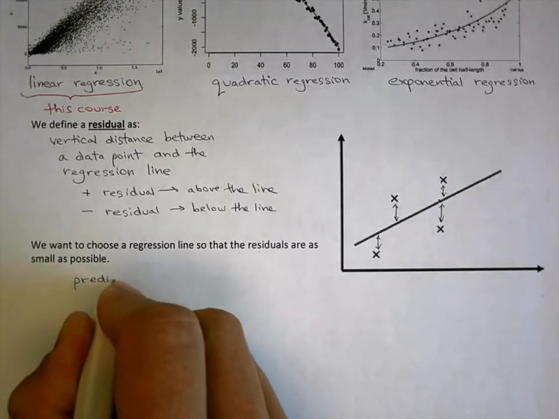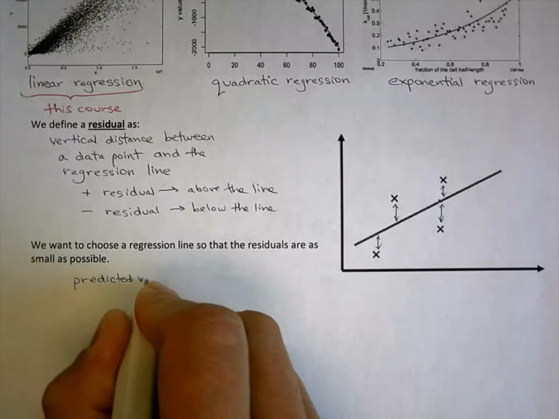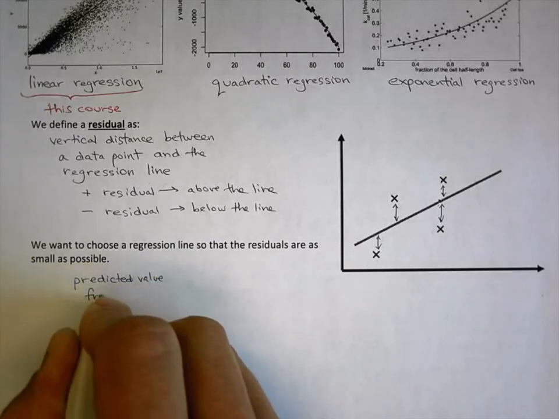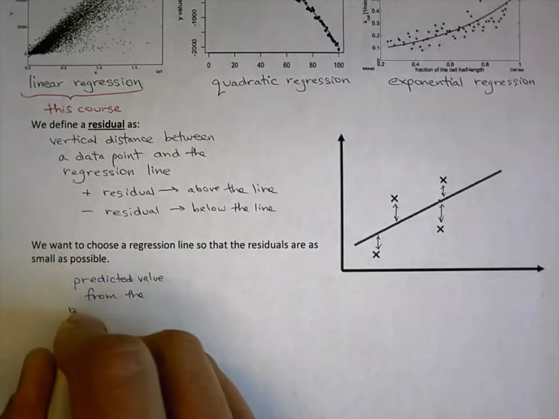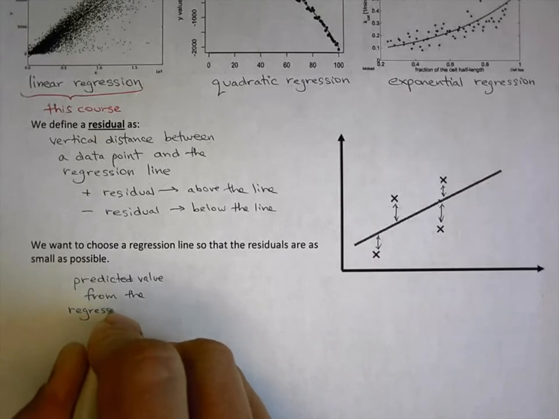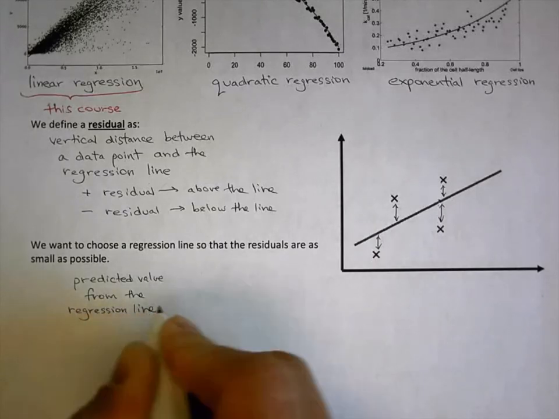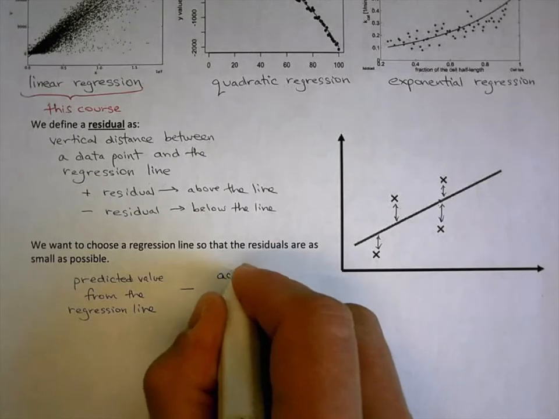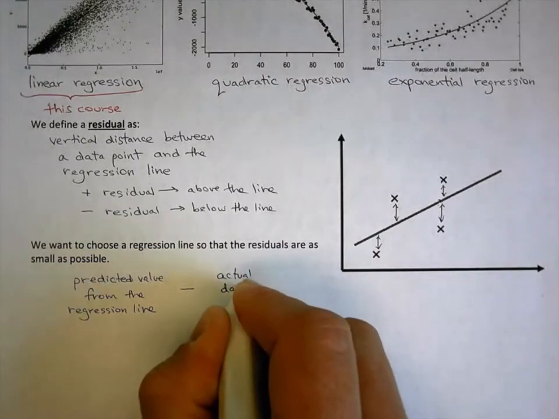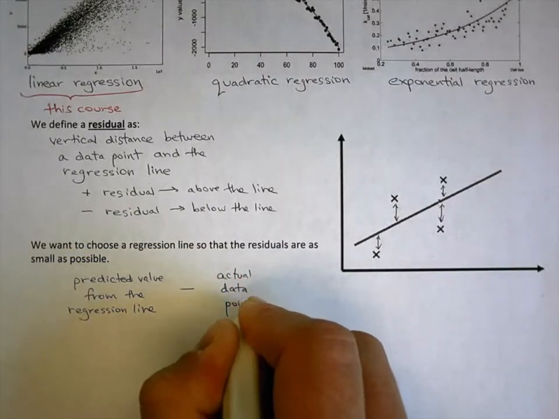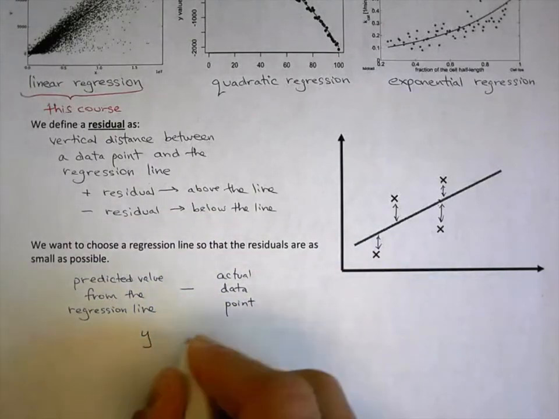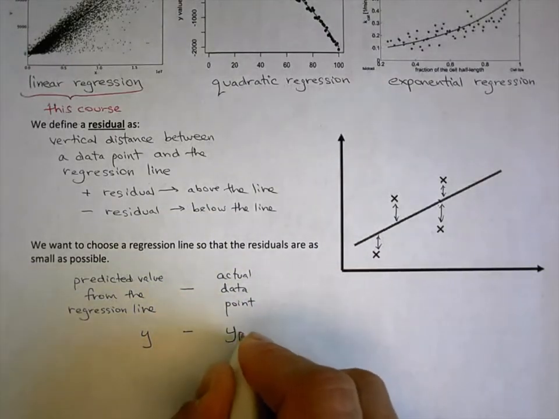The predicted value from the regression line, subtract the actual data point. That is the y value on my line minus the y of my data point.